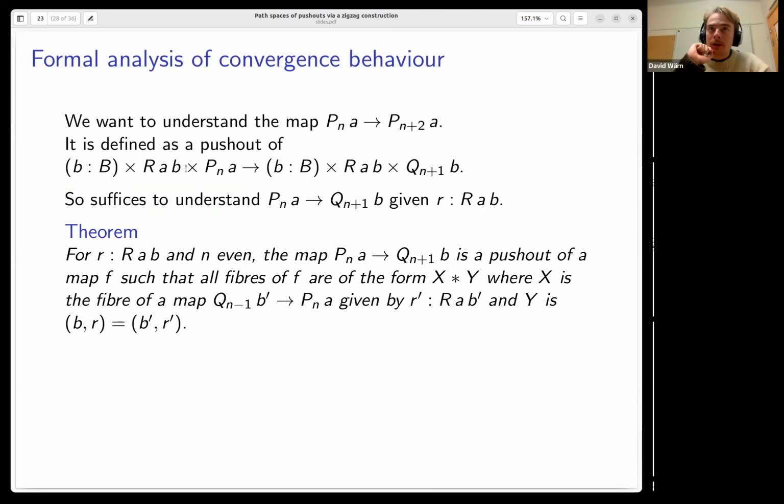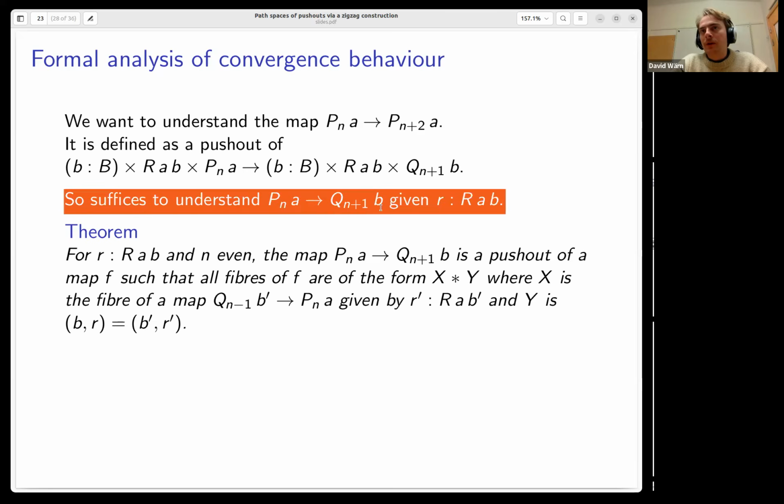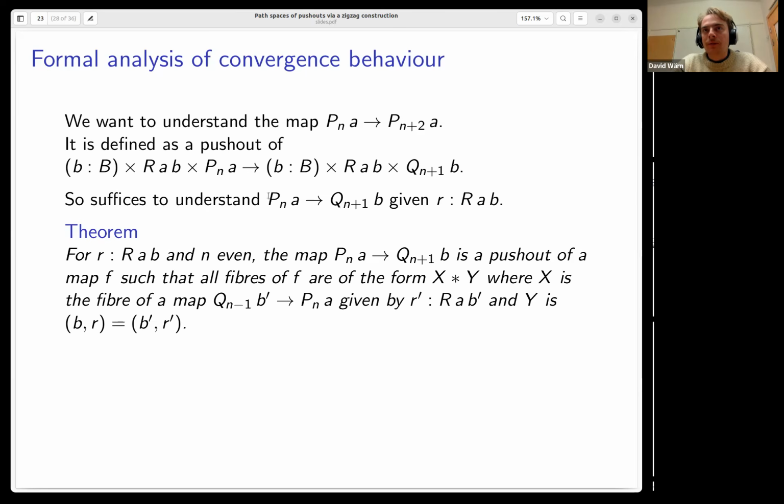And this map does nothing on the first two components. So what's interesting is the map on the third component. The fibers of this map are just the fibers of this map. But basically we want to understand this map, Pn A to Qn plus 1 B, which is appending one edge.